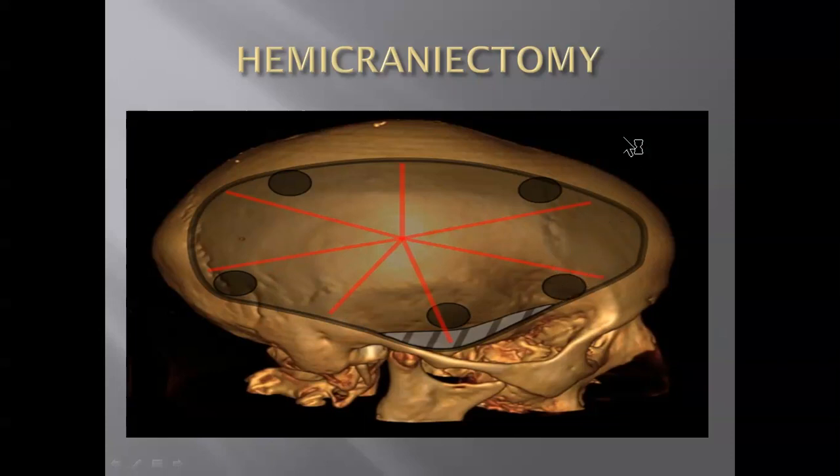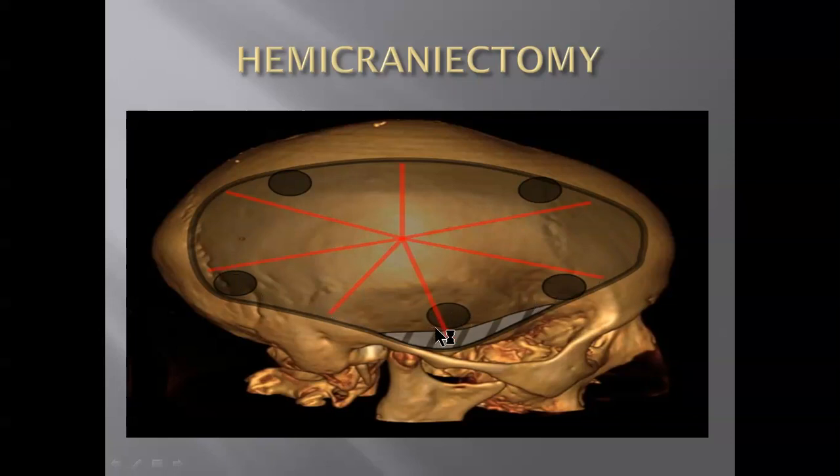It can be frontal, or in very rare cases, frontotemporal parietal bilateral. So basically, this one is hemicraniectomy. If we are talking about the hemicraniectomy, we are talking about the unilateral decompressive craniectomy, unilateral DC.